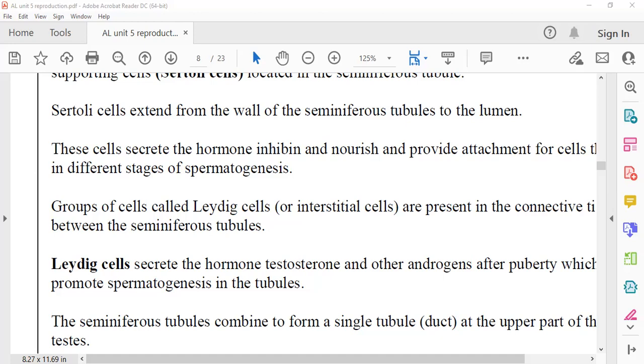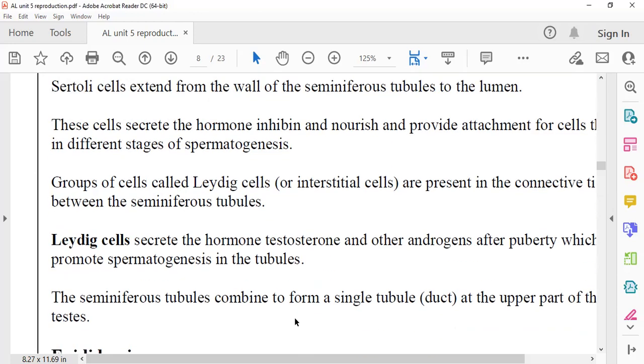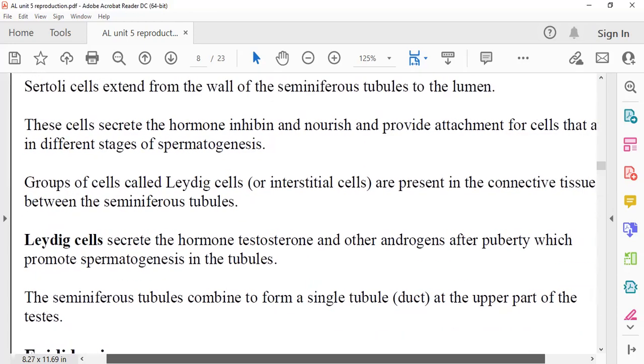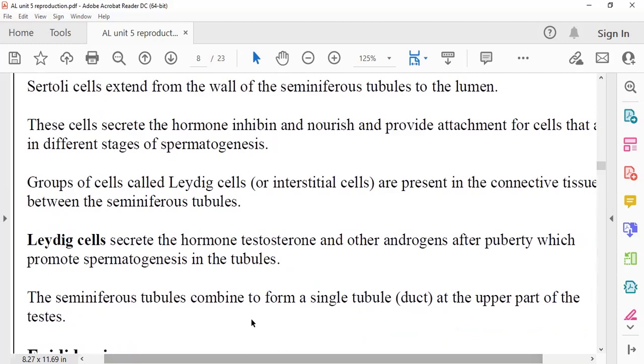So what are androgens? Androgens are male sex hormone-like chemicals. They are not considered hormones, but they also will develop certain male characters.